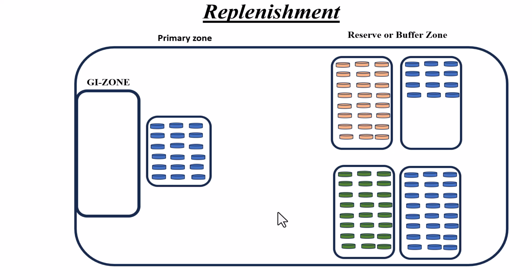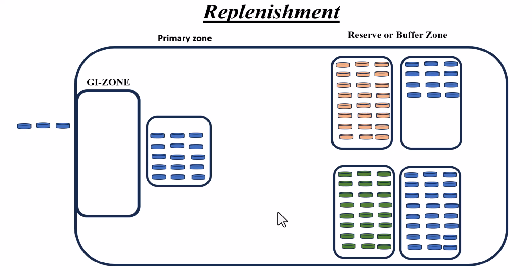Filling the primary zone again is called replenishment. For this, the system will propose a warehouse task and one resource will go into the buffer zone and bring those products into the primary zone like this. This is what is called replenishment, and we can go with another delivery like this.